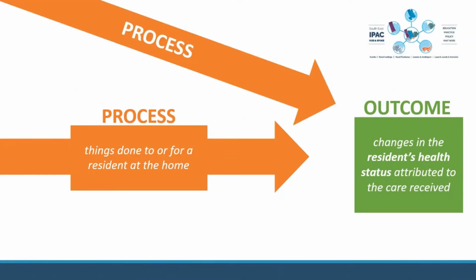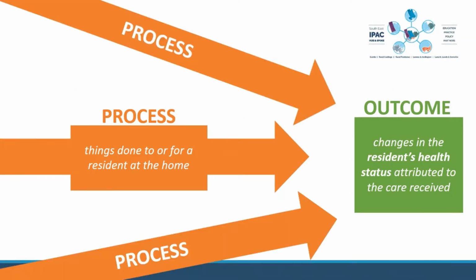Keeping in mind that there are many processes in place, and these could be related to examples of hand hygiene, environmental cleaning, PPE use and appropriate use at the appropriate time, screening measures, and reprocessing. All of these processes affect the outcome for residents' health.